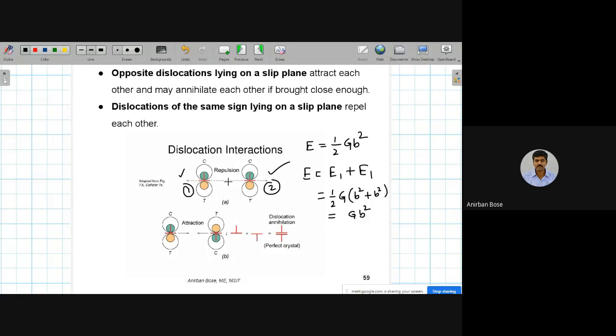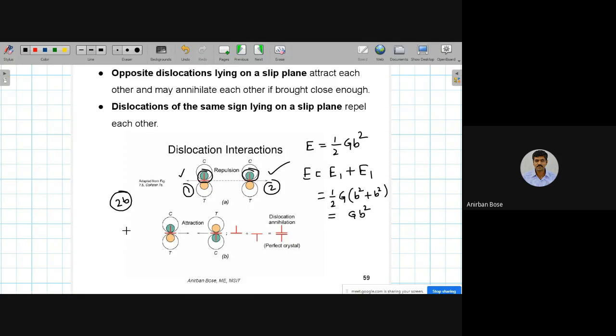Now, if they come close and merge into one another, what will happen? Definitely it will show a dislocation with Burgers vector 2b, because here is 1b and this is of a similar size, so they will be of 2b.